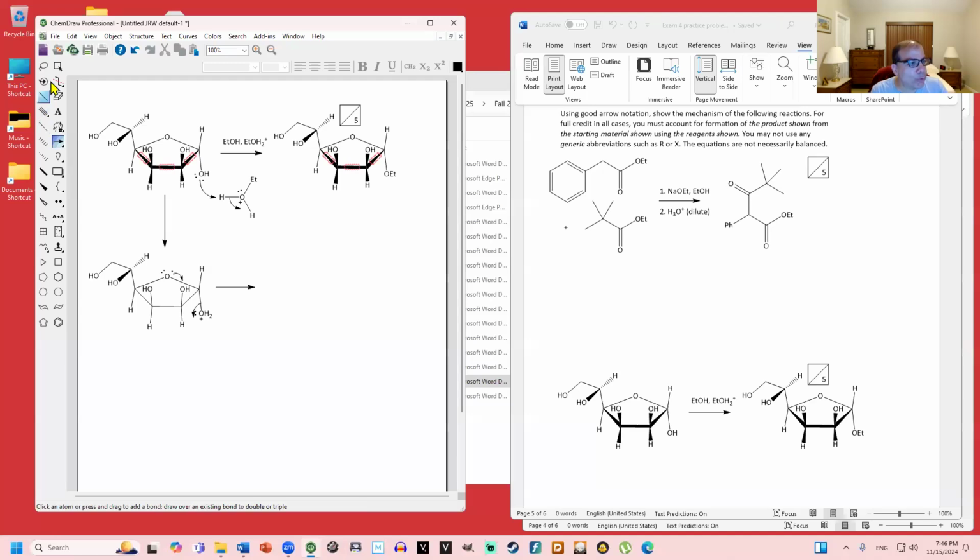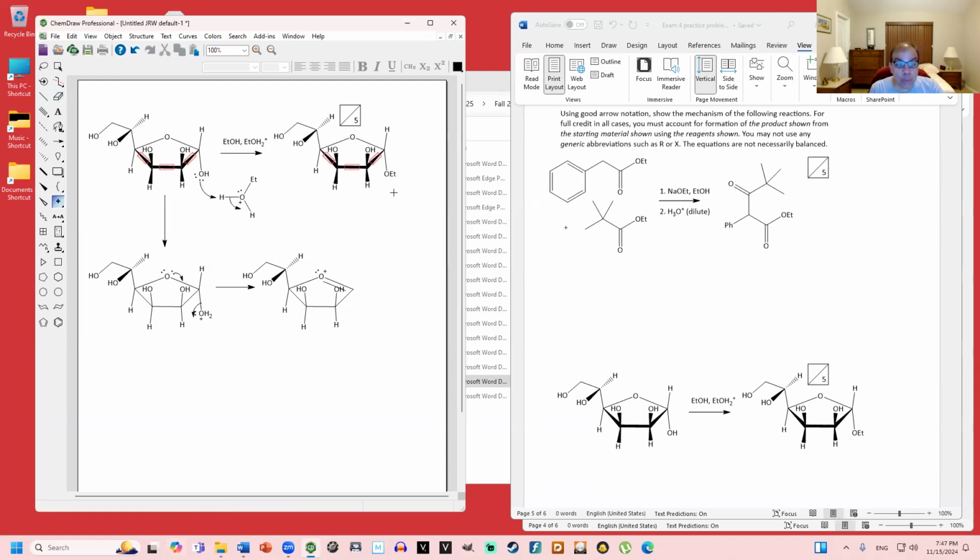We might have had a 5-membered ring, but it would work the same with a 6-membered ring. And so you will get this intermediate.